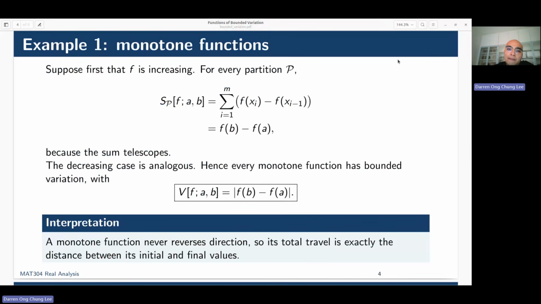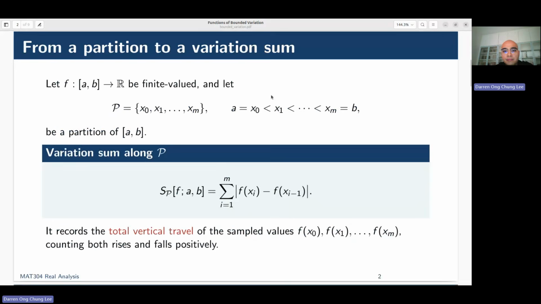So if you consider any partition P on the interval [a, b], since the function is always going up, f(xi) is always going to be larger than f(xi−1). This means that when we look at the definition of this variation sum, we can ignore the absolute values because f(xi) − f(xi−1) is always going to be non-negative anyway.